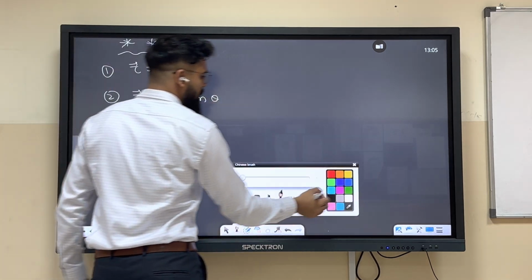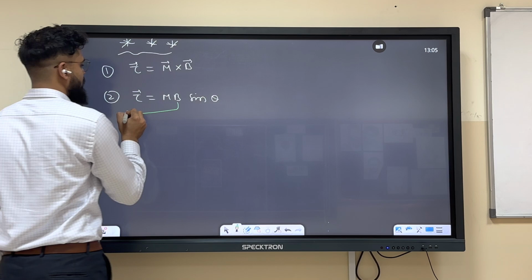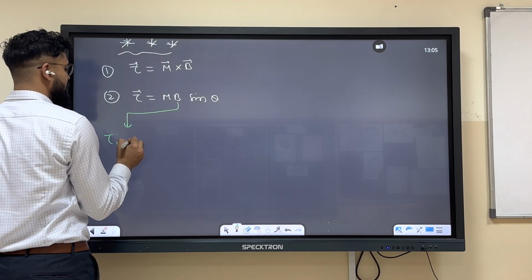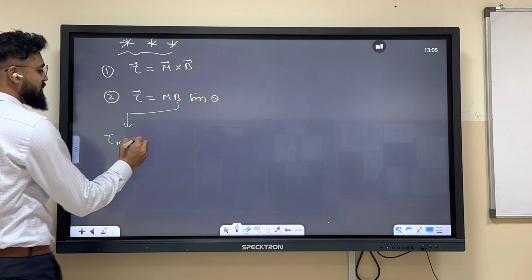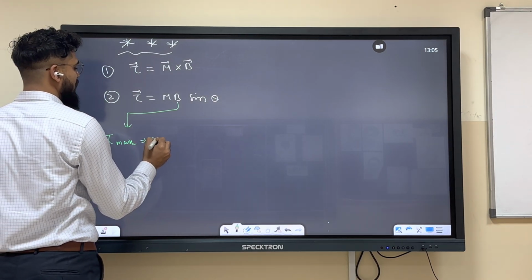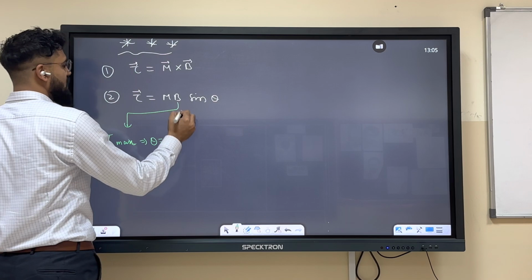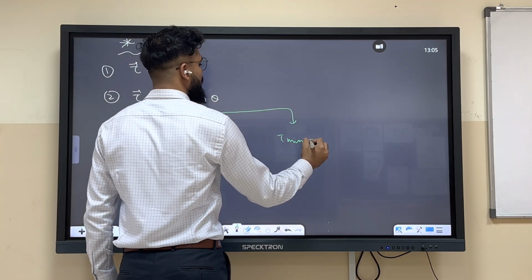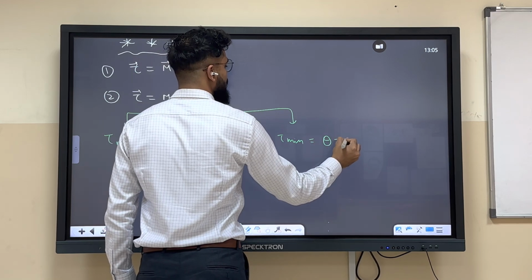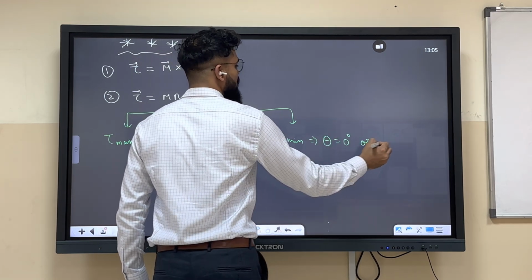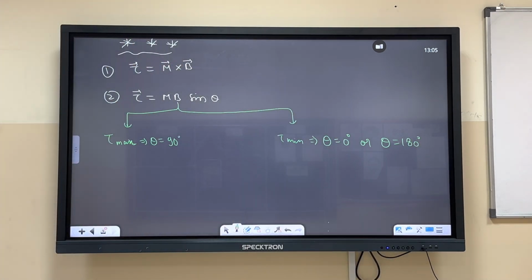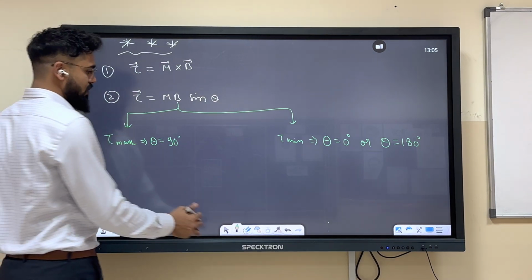Okay, so from here torque will be maximum when theta is 90 degree. Torque will be minimum when theta is 0 degree or theta equals 180 degree. Okay, same thing as dipole.